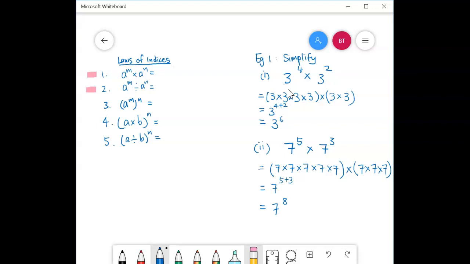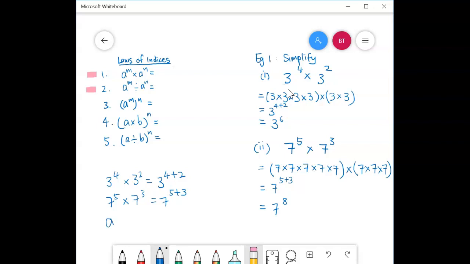So we shall now try to generalize this relationship. 3 to the power of 4 times 3 to the power of 2 gives us 3 to the power of 4 plus 2. 7 to the power of 5 times 7 to the power of 3 gives us 7 to the power of 5 plus 3.